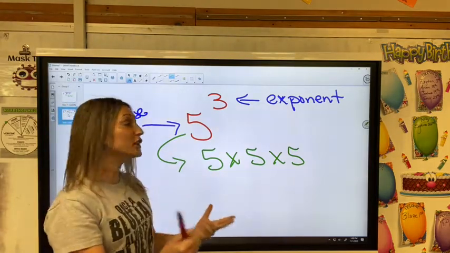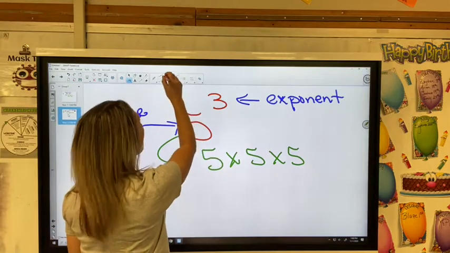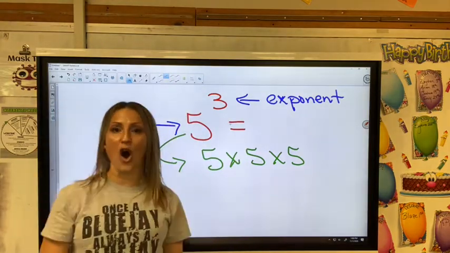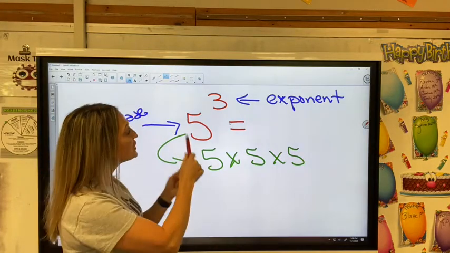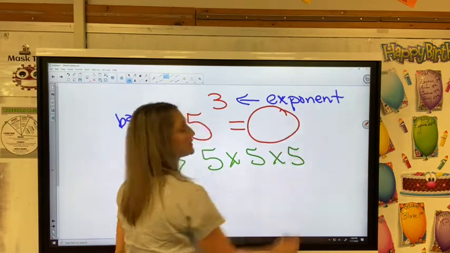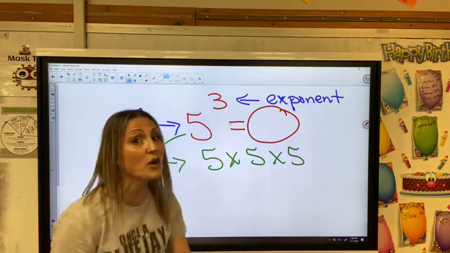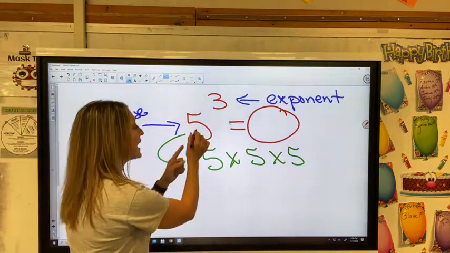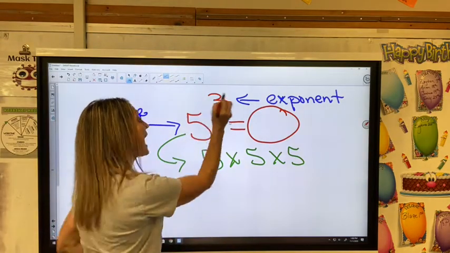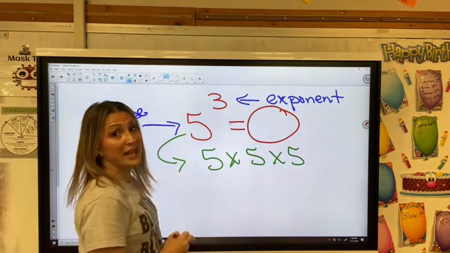When they want you to solve it, sixth graders, like always, you'll see an equal sign beside it. That means solve the problem. So if you see 5 to the third with an equal sign, they want you to put a solution out here. But you have to remember the solution means that it's all about the base. Take the base how many times the exponent tells you to.